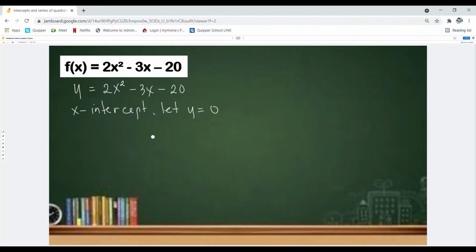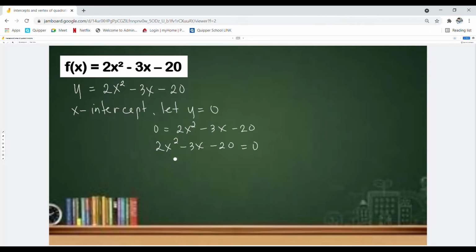So now you can solve for that. If we replace y by 0, this equation would become 0 equals 2x squared minus 3x minus 20. And if you interchange that, you could visualize a quadratic equation equated to 0, written in standard form.